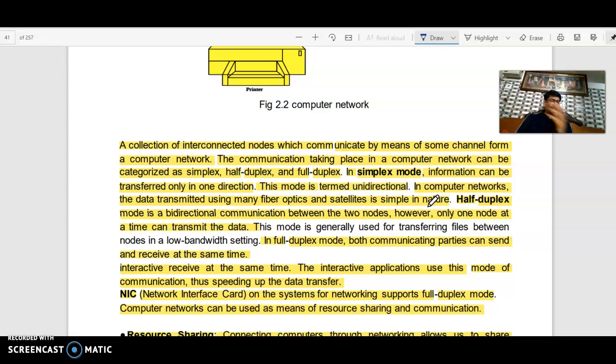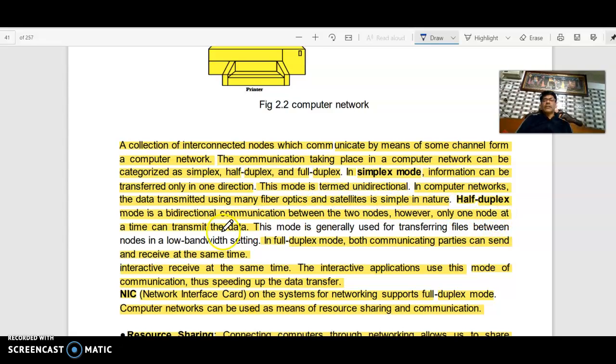From the satellite to our receiving station, that is the TV is the receiving station, satellite the sending station, so sending to receiving in one direction. So that is simplex, or optical fiber.